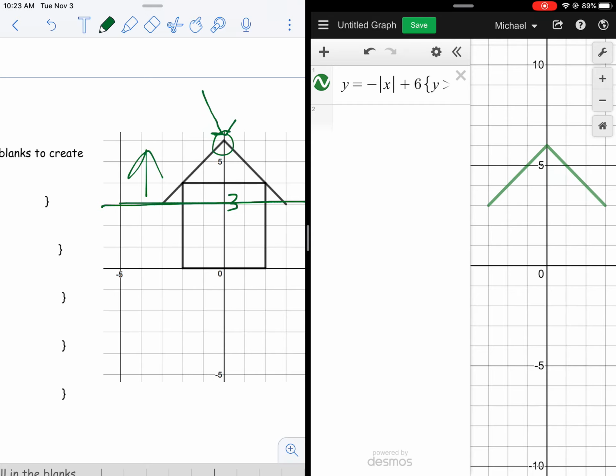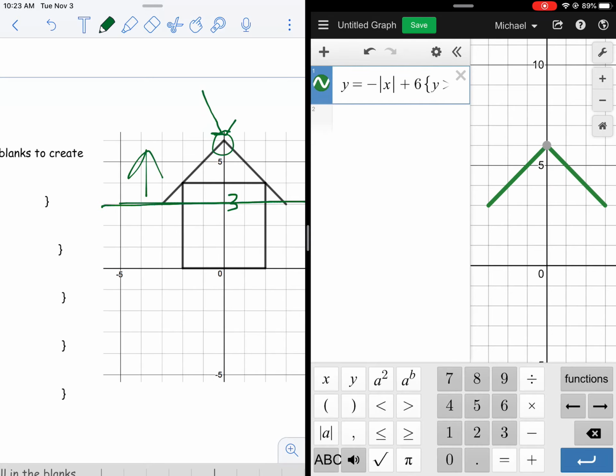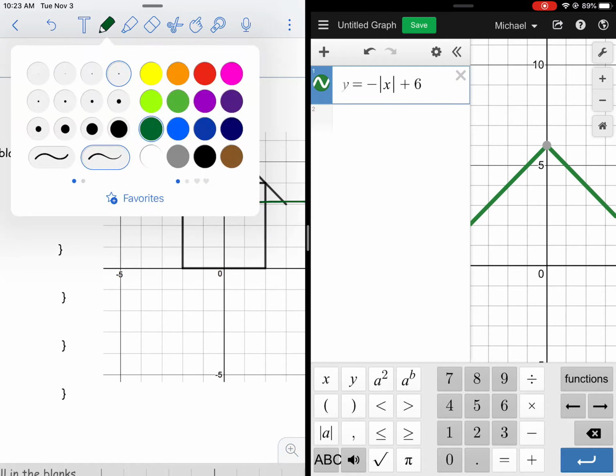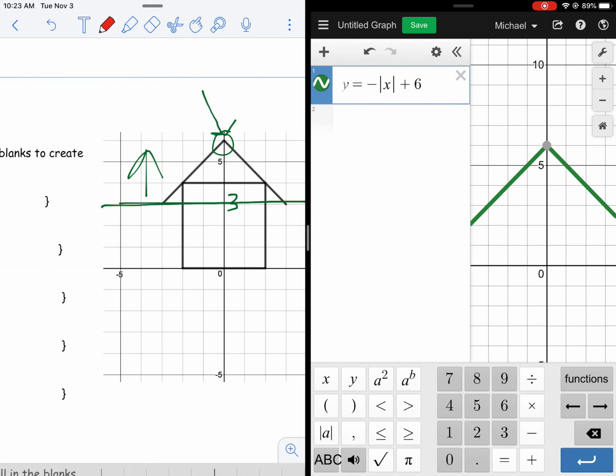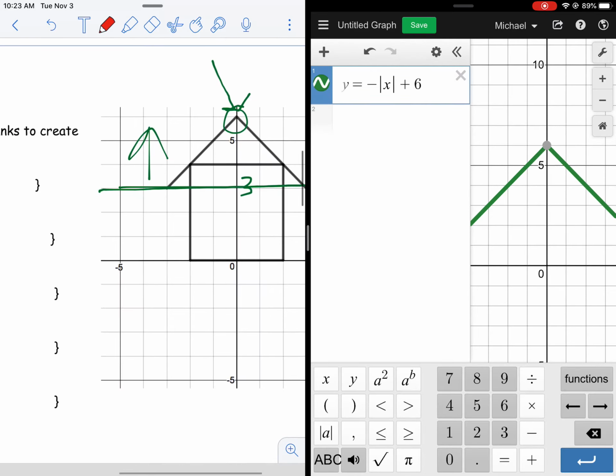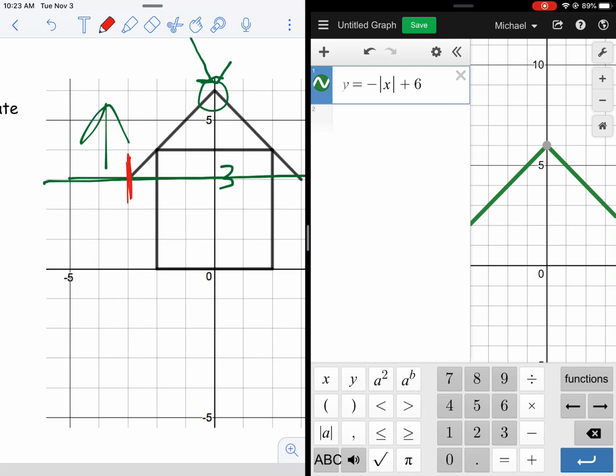Now I do want to show you how we can use the x coordinates for that. So I'll use red for that. I'm cutting off everything to the left and everything to the right. I'm only keeping things that are in between those 2 lines, just looking at that roof.